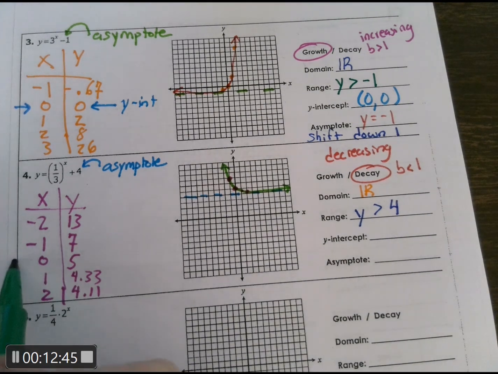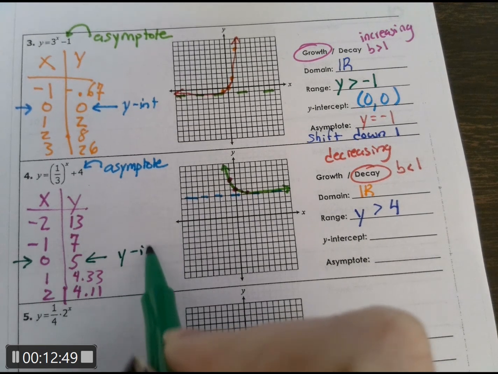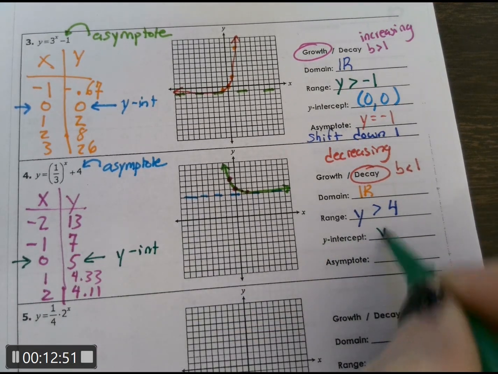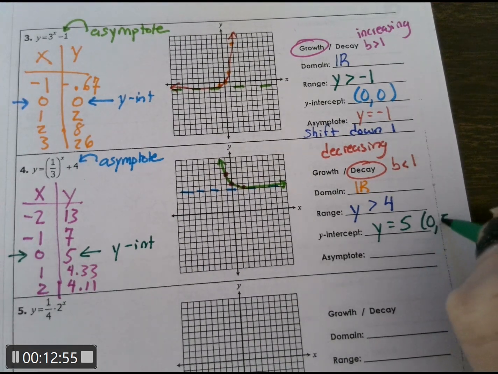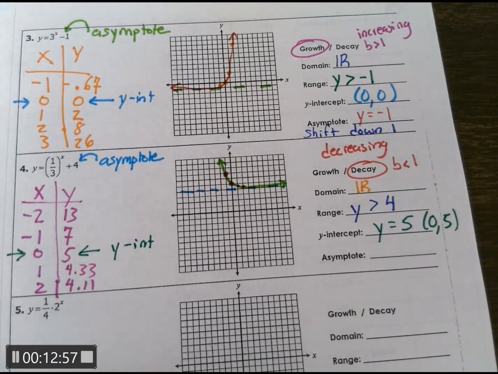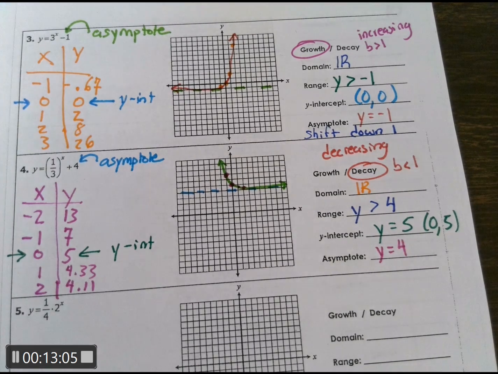My y-intercept is where x equals 0. So that is y equals 5. That's another way to write it. You can also do 0, 5. And then our asymptote, we said was 4, so that's y equals 4. And then let's do our shift.